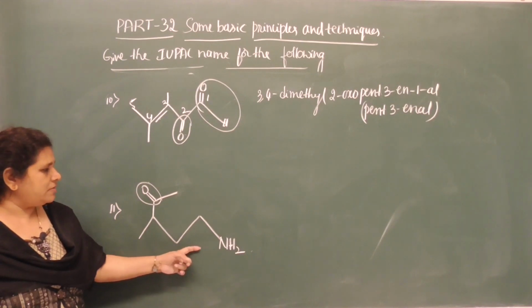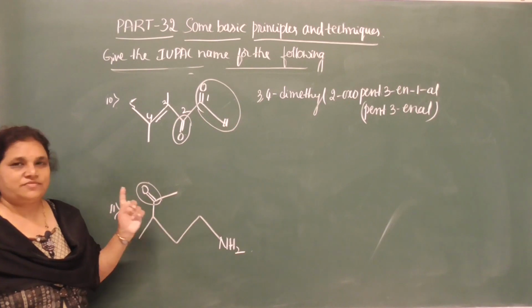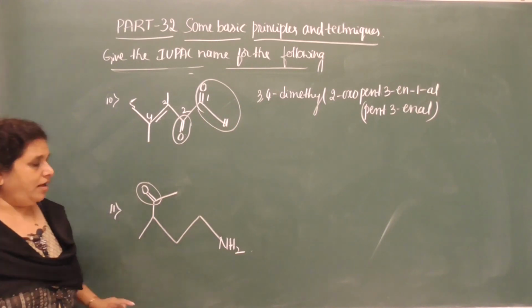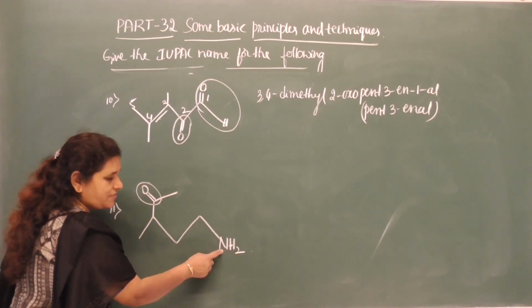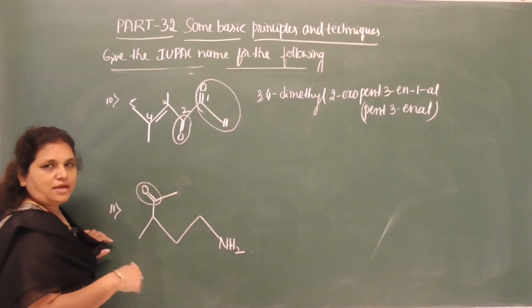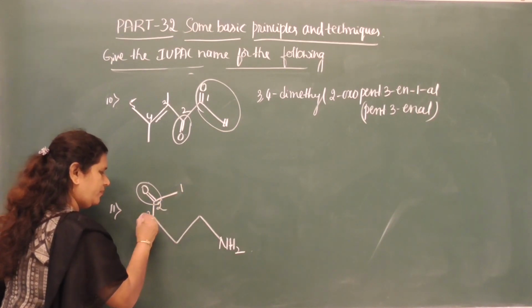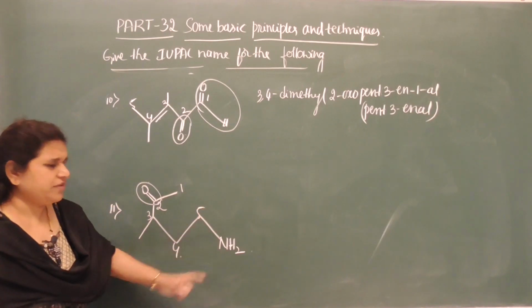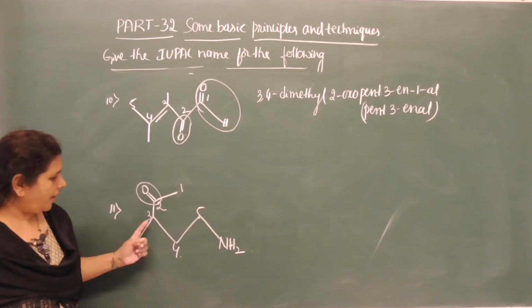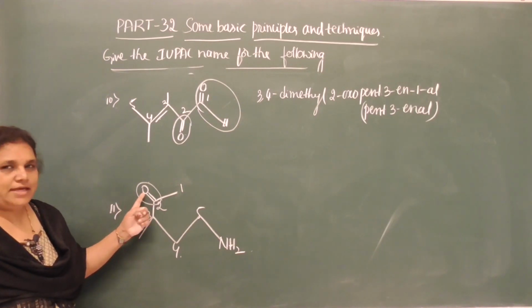Now move on to this. We have a ketone functional group and an amine. We need to give preference to the ketone rather than the amine. The prefix for this NH2 group is amino. Therefore, 1, 2, 3, 4 and 5. On the fifth carbon we have amino, and on the third carbon we have methyl as a substituent, and here is a ketone group.